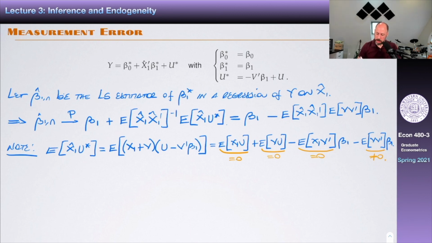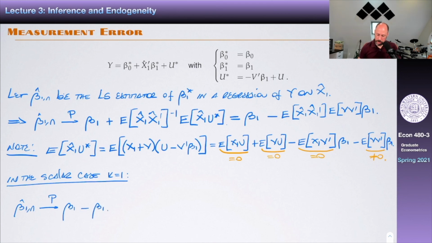So, interestingly, in the scalar case where k is equal to 1, we then have that beta 1 hat at n converges in probability to beta 1 minus beta 1 times the variance of b divided by the variance of x hat 1.